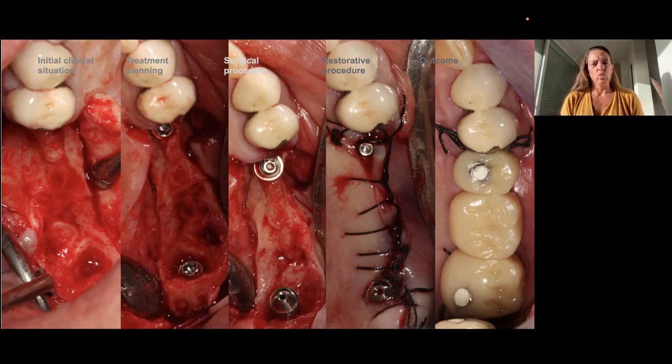After this, we immediately placed our multi-unit abutments, 2 millimeter on implant 25 and a 30-degree 4 millimeter abutment in the area of tooth number 27. And we loaded it with a 3-unit bridge from 25 to 27, as you can see in the picture on the right side.